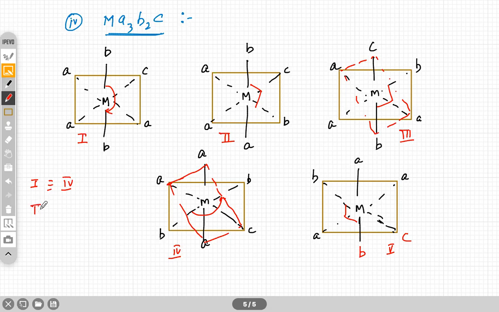So third and fifth are the same structure. So the three isomers we have are the first one, the second one and the third one. These three isomers we get in this molecule.